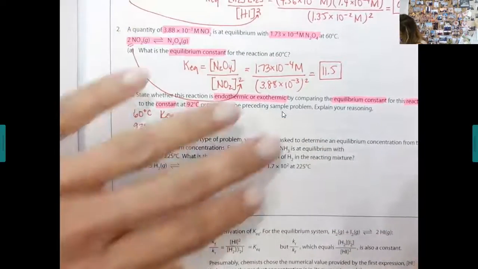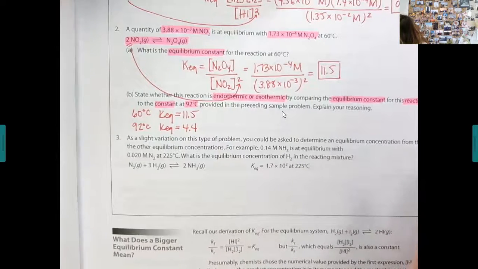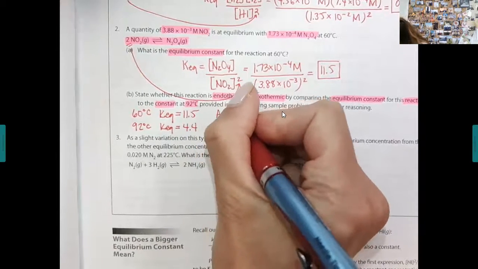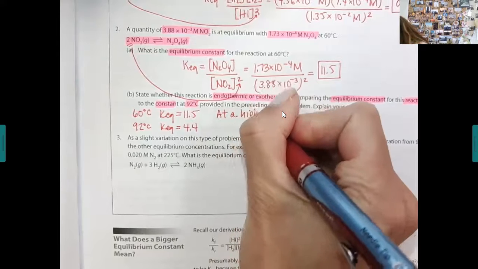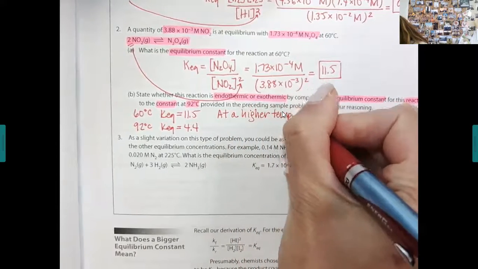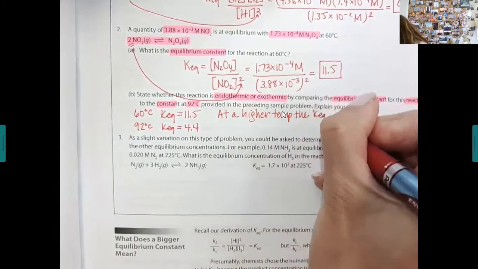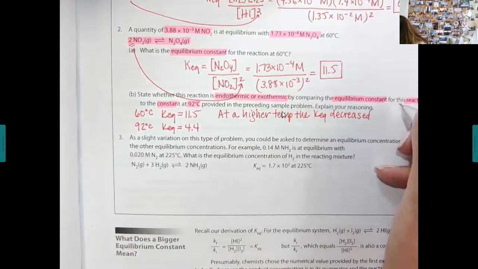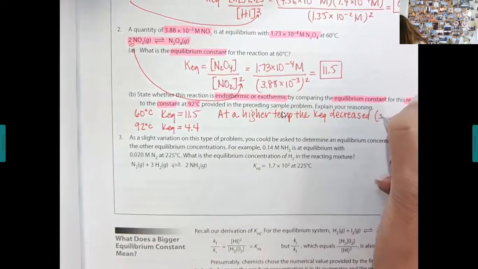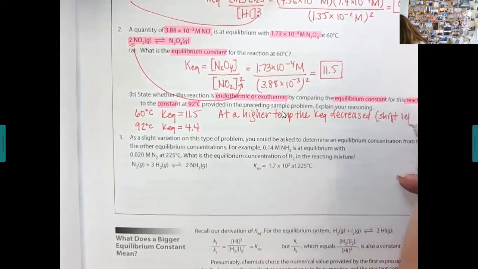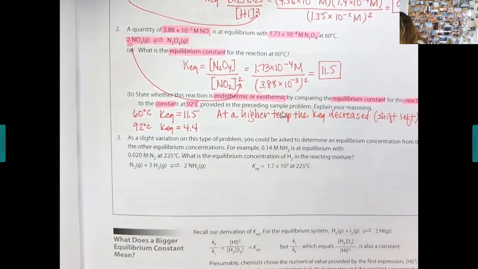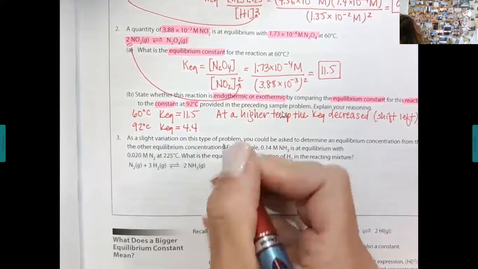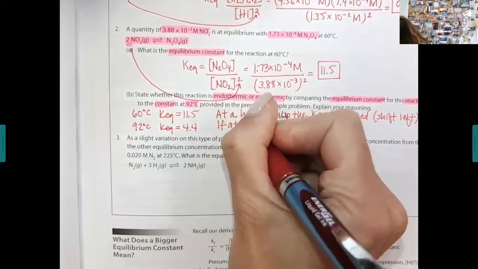Okay, so at a higher temperature, the equilibrium constant decreased. And this means that there must have been some sort of a shift. There must have been a shift to the left because your KEQ value came down. Do you understand what I'm saying? Ish? Okay.